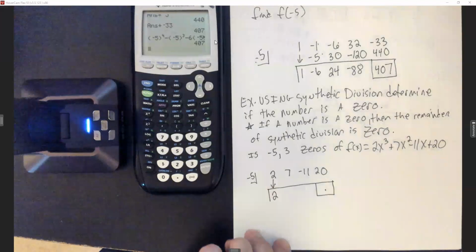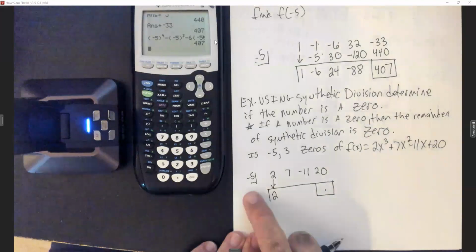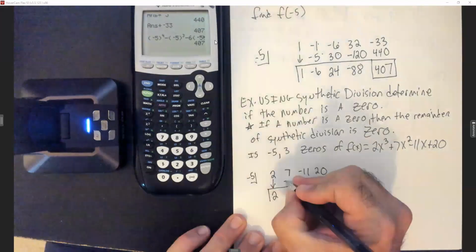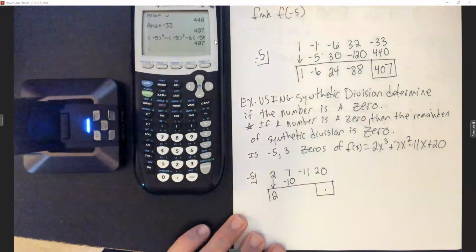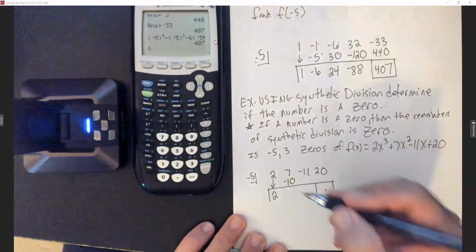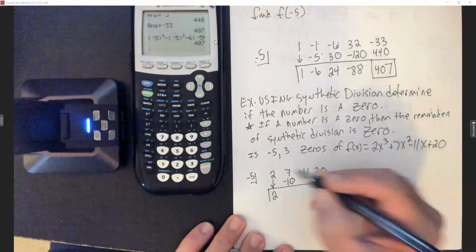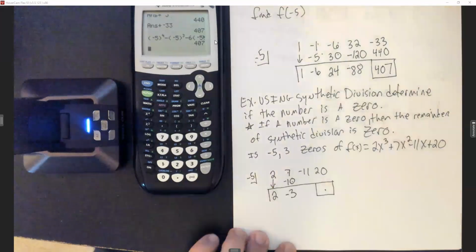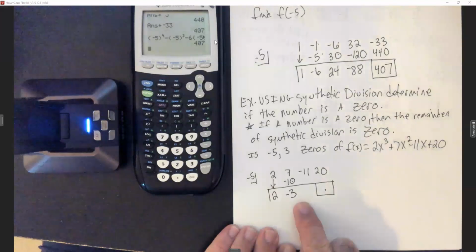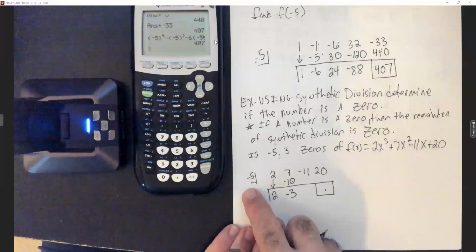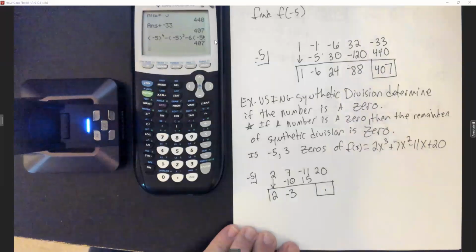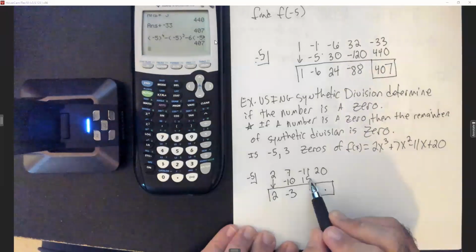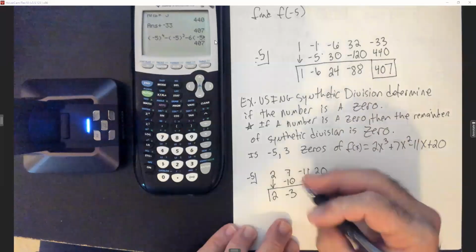Now, then you want to multiply 2 times -5, and that's going to give you a -10. -10 plus a +7 is going to give us a -3. -3 times -5 is a +15. -11 added to a +15 gives me a +4.